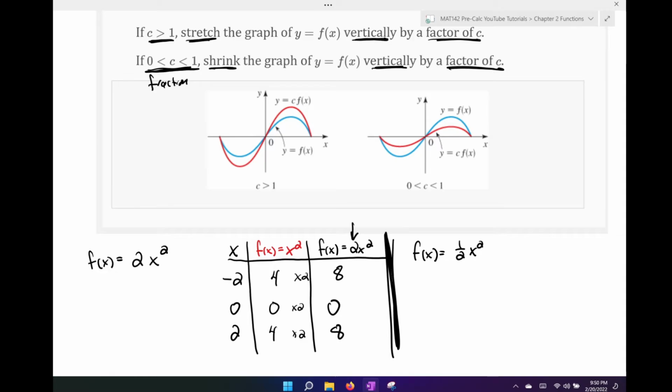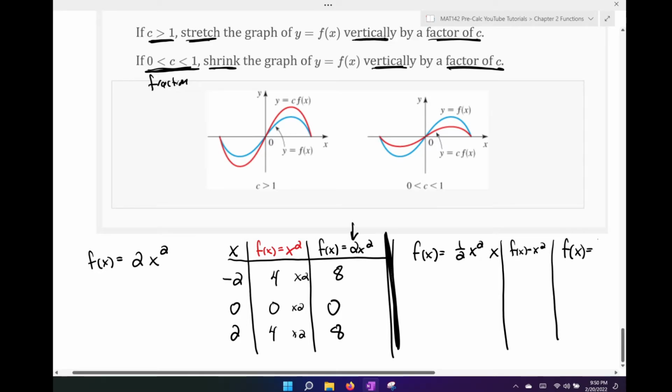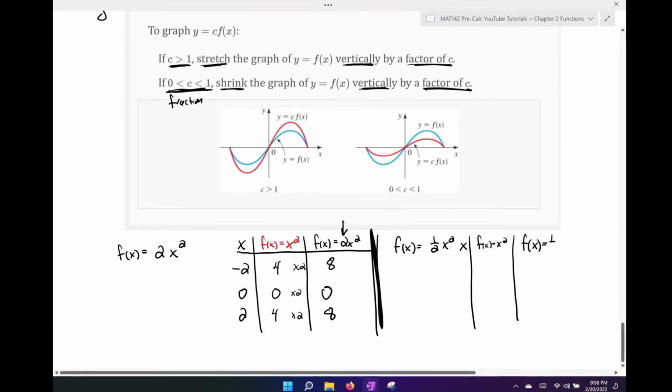So once again, here's our parent function. And I'm just going to keep everything the same. Let me zoom out here just a little bit. I'll keep everything the same just to make it very nice and neat. All right, so we got -2, 0, and 2. We have 4, 0, and 4. That doesn't change. But now this will.